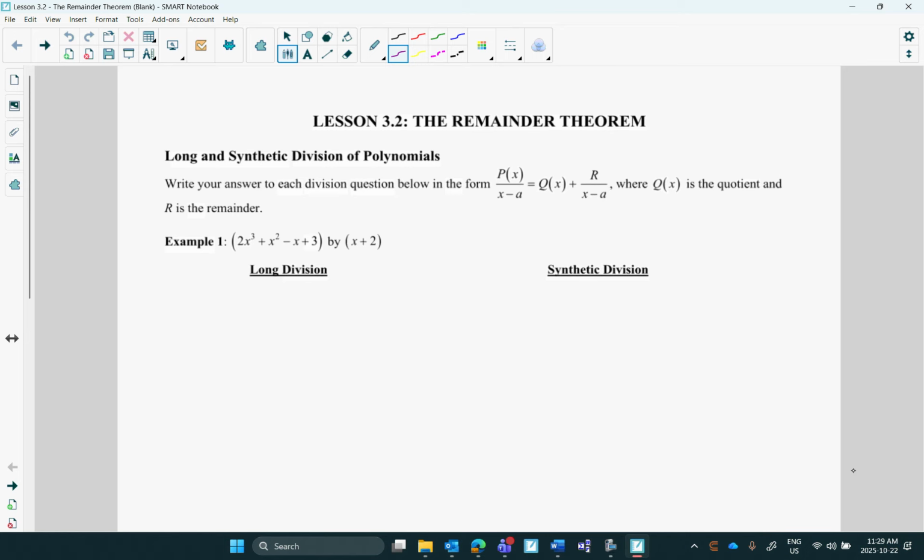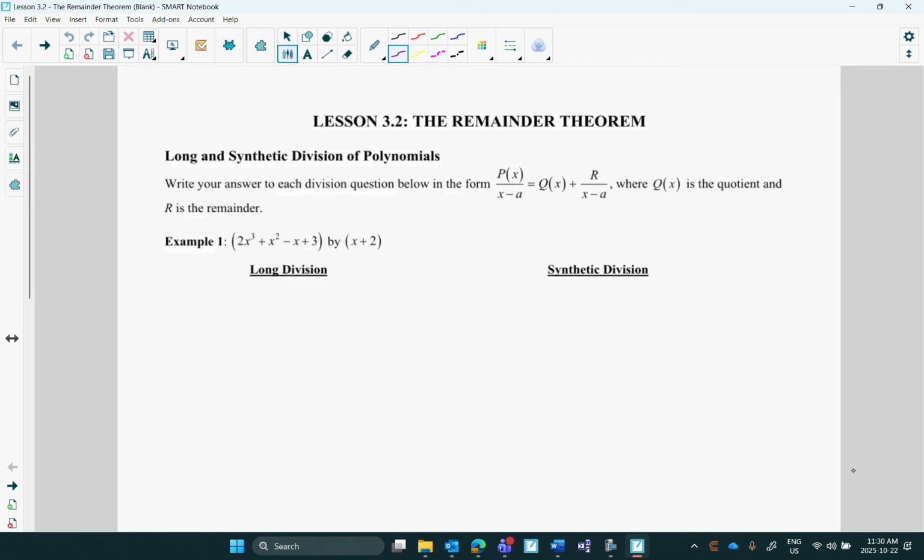You guys know how to factor x squared trinomials. You know how to factor difference of squares. You know how to do GCF, but we really haven't seen ones like this to factor. So we're going to have to know how to divide these things by factors that we find.